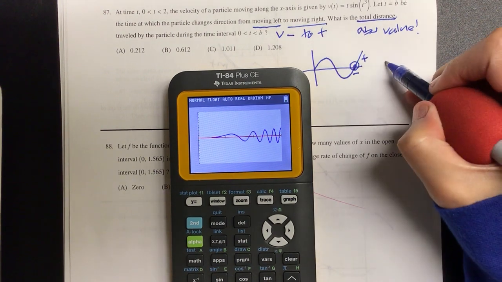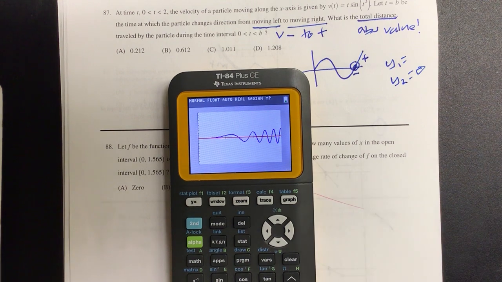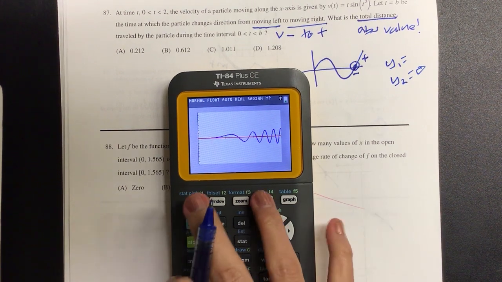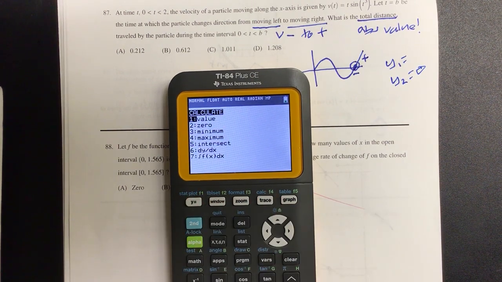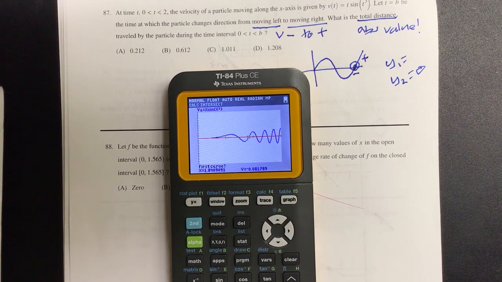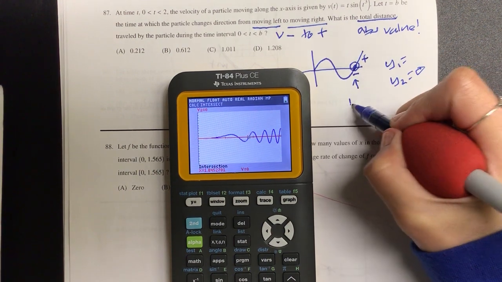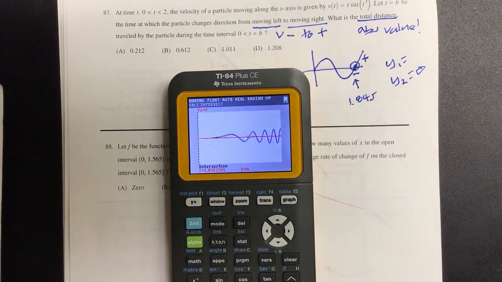So let's put a little note. y1 equal to the function, y2 is equal to, and I put 0 on y2. You can put it in 1 if you want. Second calc, the intersect is number 5, and I'm going to hover over to where I want. It's about there, enter 1, 2, and 3, and that number is 1.845.